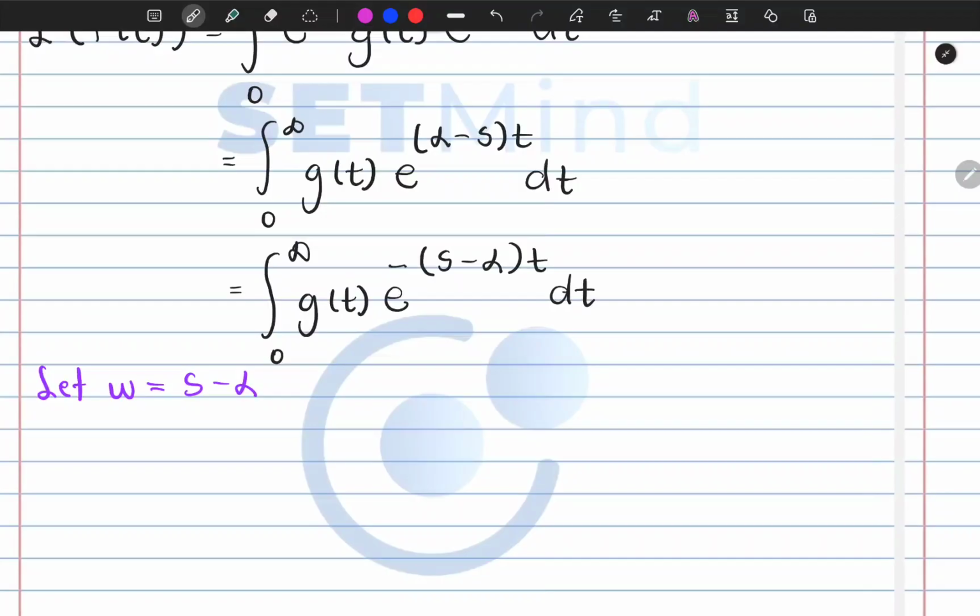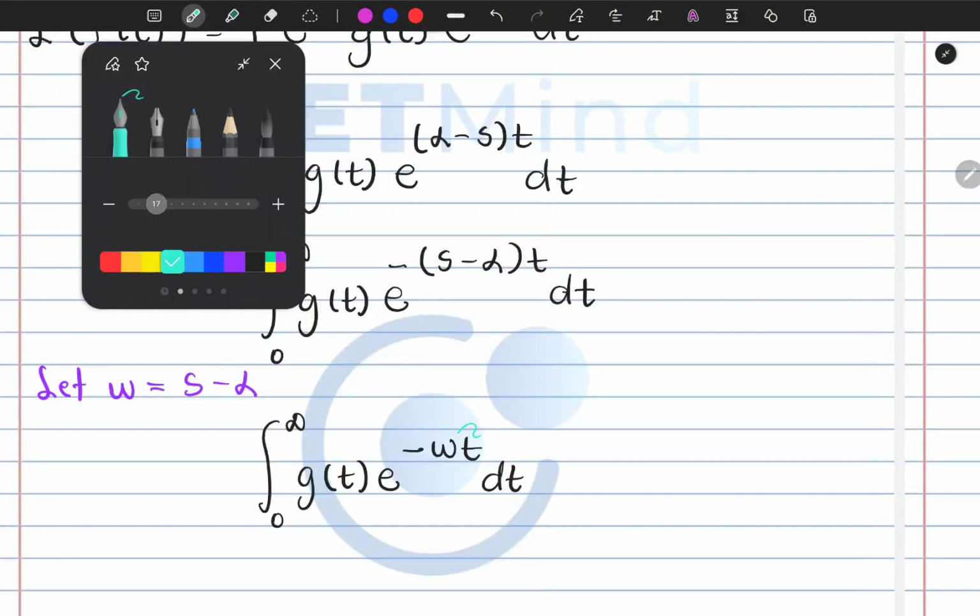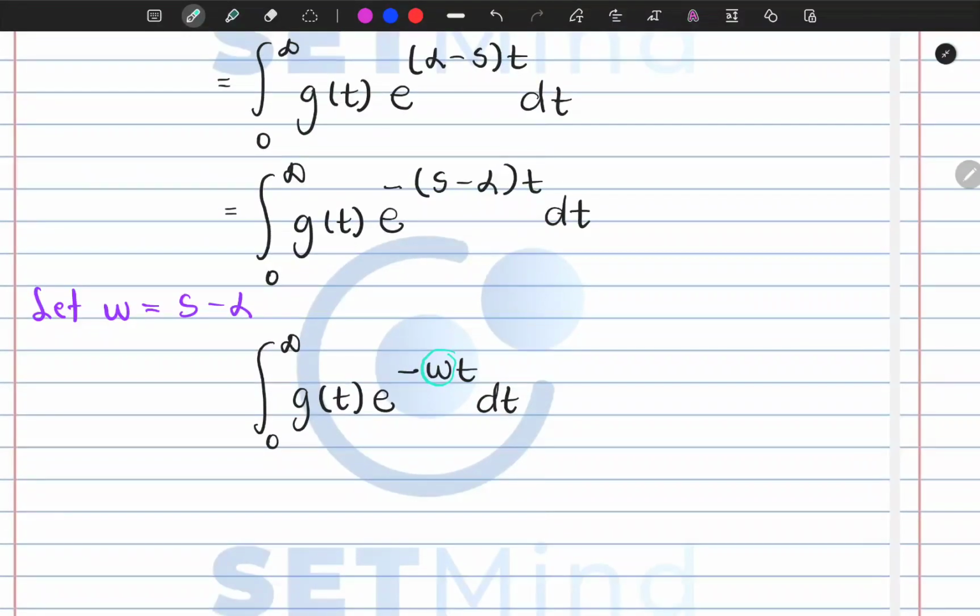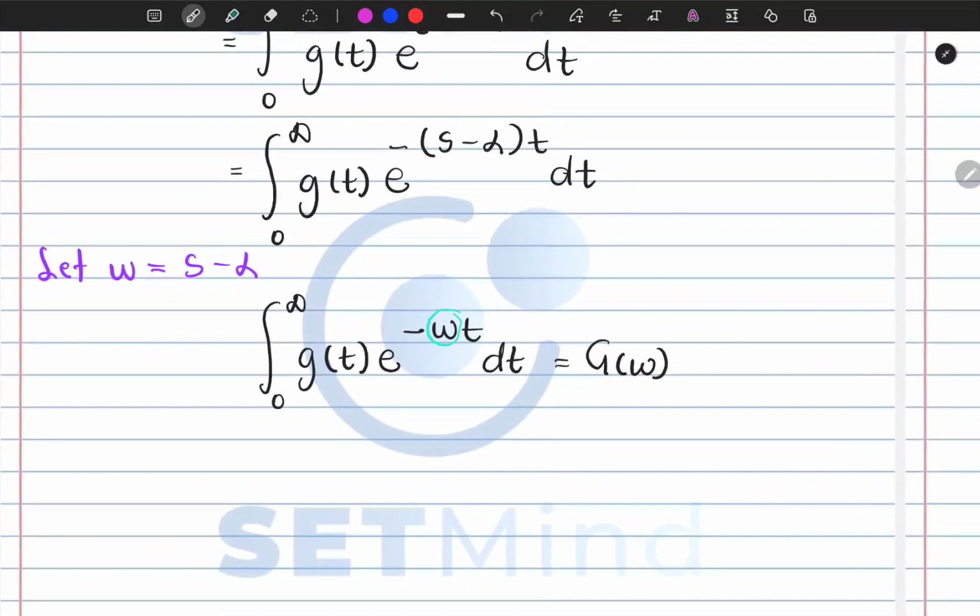Because we want to write everything in terms of W, and W is essentially a dummy variable, when we put in our integration 0 to infinity, this becomes just G of t, then e to the negative W times t dW. This now is sitting exactly in the position which s was sitting at. Because we have G, our function is going to be G of W. But what is W? You should remember that W is s minus alpha.